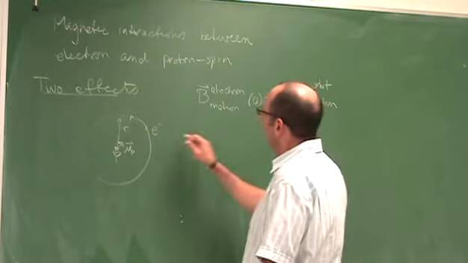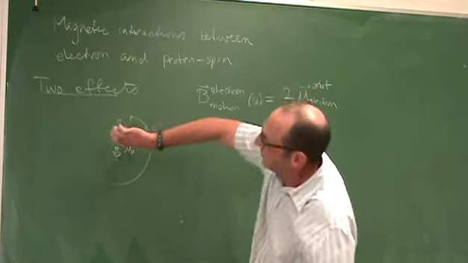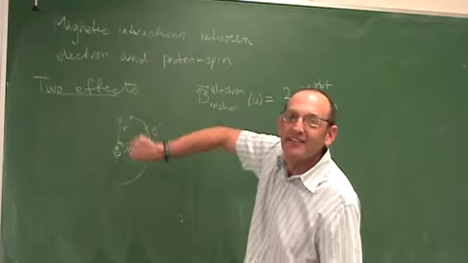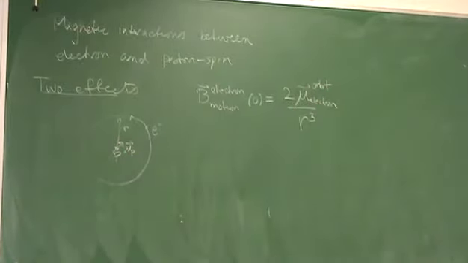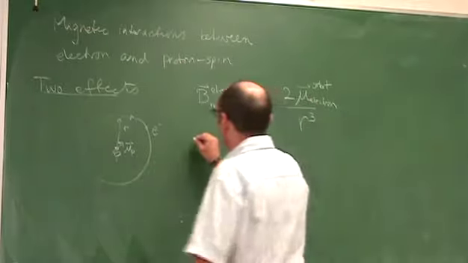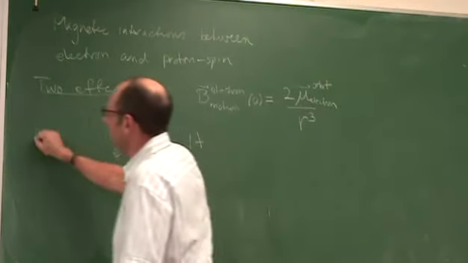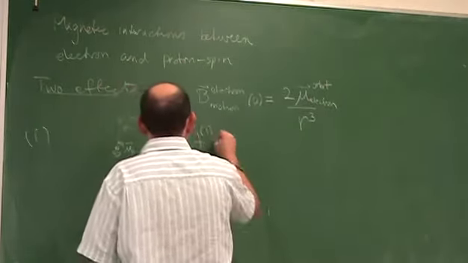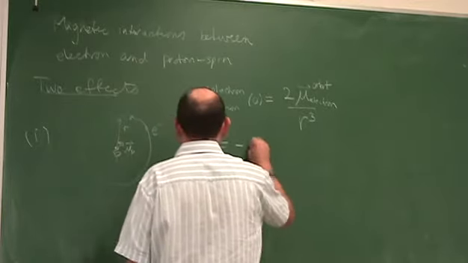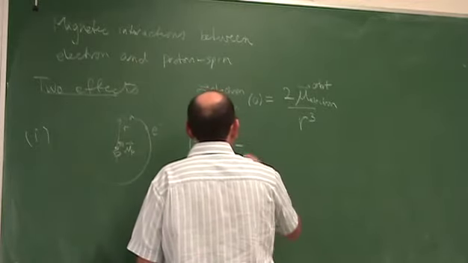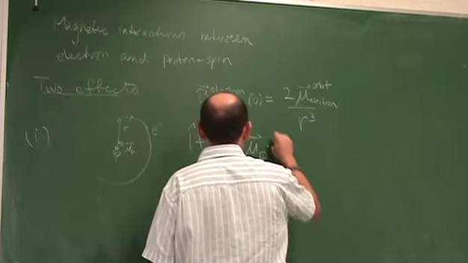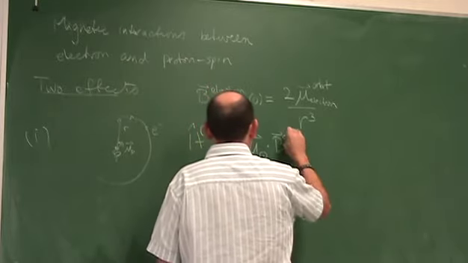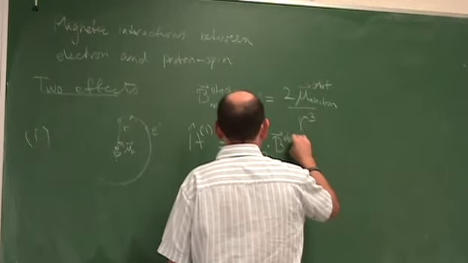So the magnetic field, going into the board here, because the electron has a negative charge, is interacting with the magnetic dipole moment. The first effect, let's call it effect number 1, is minus mu proton dotted into this electron motion.